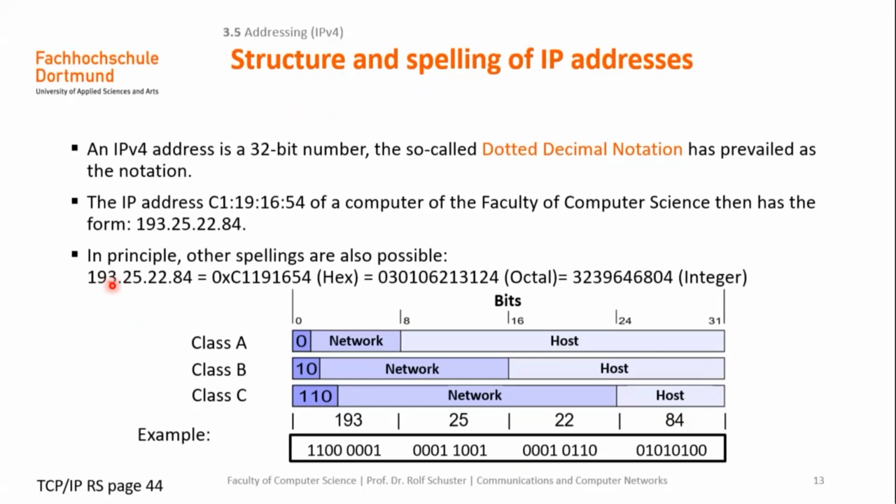That means that in fact it is a class C address. And if we represent this number in binary notation, we can see that the most significant bits of this octet are 1, 1, and 0. Then it is a class C address.